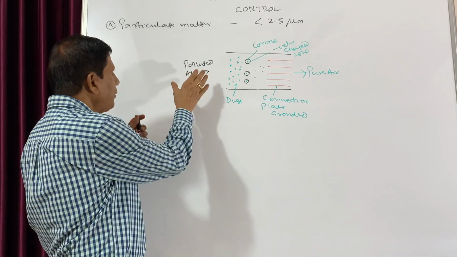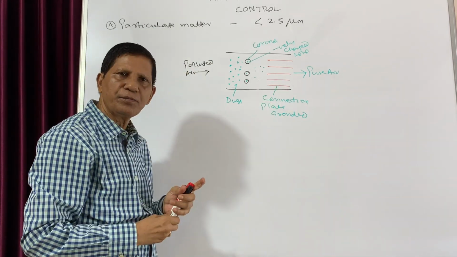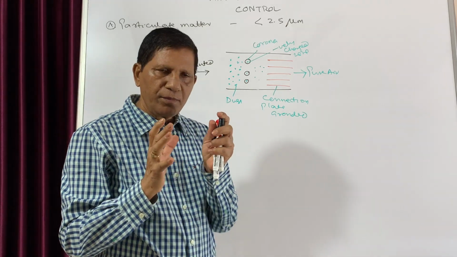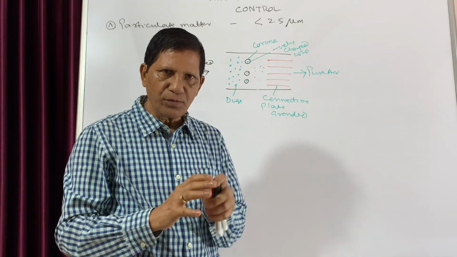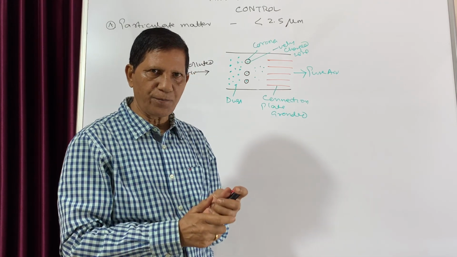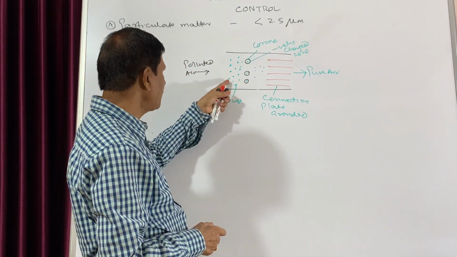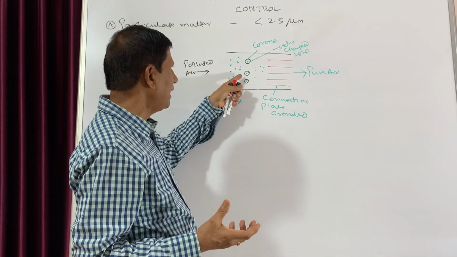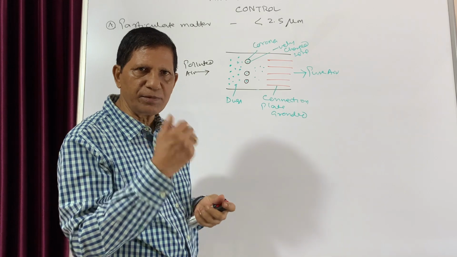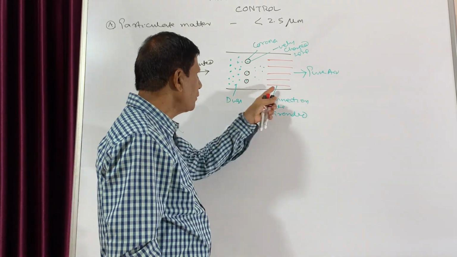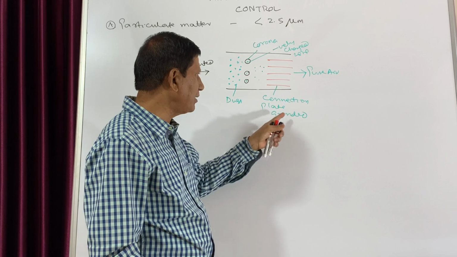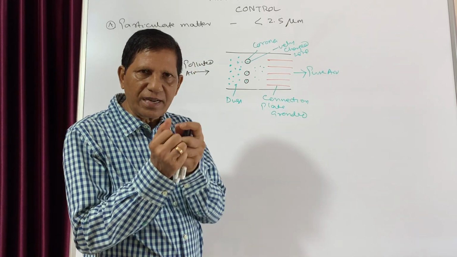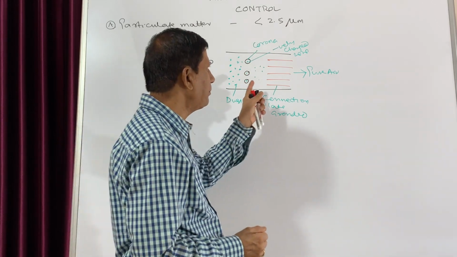That means when the polluted air is passed through electrodes provided with a high voltage of energy, they create a corona of negative charges, so that the dust particles or particulate matter present in the polluted air become attached to these negative charges. When they pass through this positively charged grounded plate, they are retained there, and only the pure air passes through.